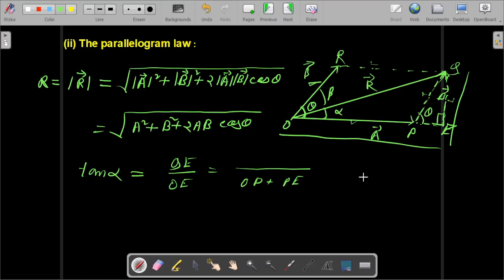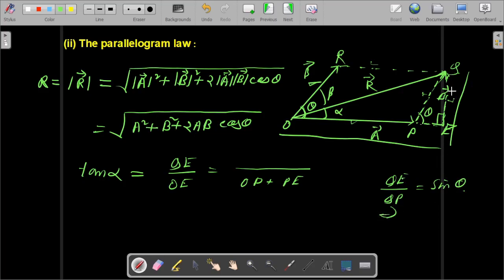So from that triangle we get one relation: QE divided by PQ is sin theta.